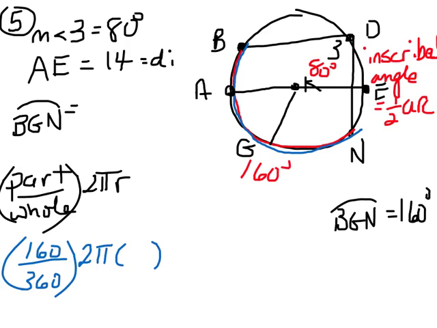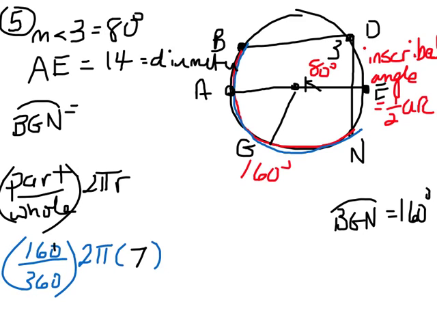So I'm going to write that's the diameter. If you're using pi d, you'd have 14 times pi there, but if you're using 2 pi r, like me, you would be plugging in 7 here, wouldn't you? Because I'm using the radius, so I need to halve it. That's why it doesn't matter. You can use whatever formula you want to. Now all we got to do is just do some reducing here.